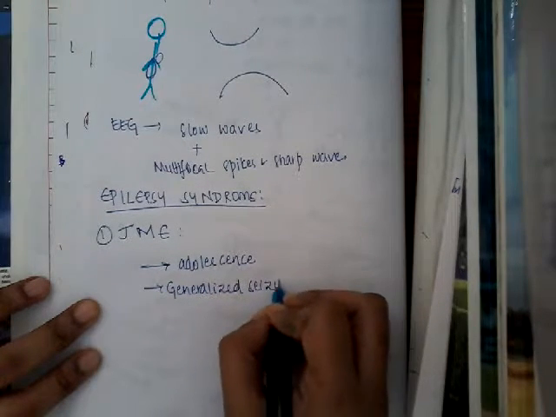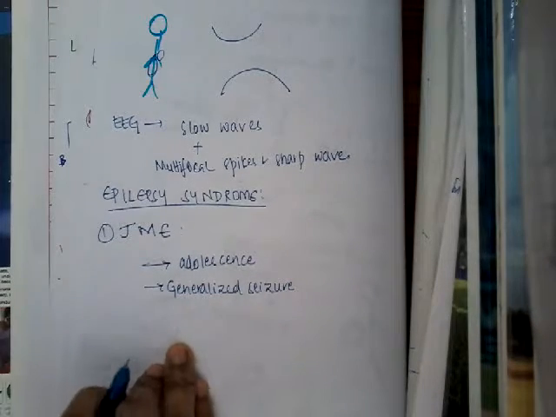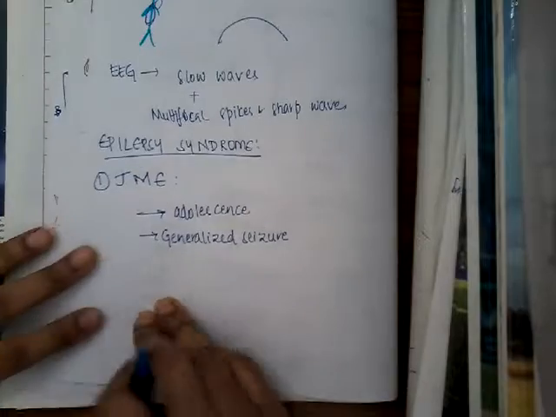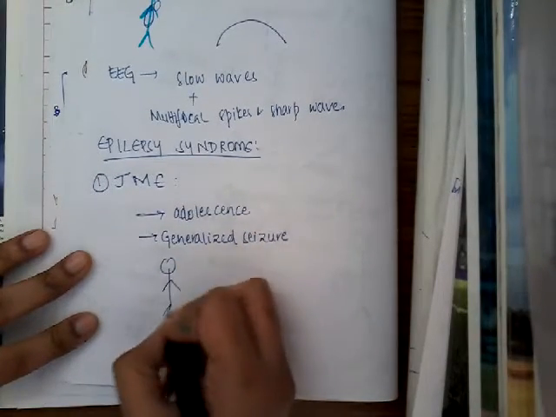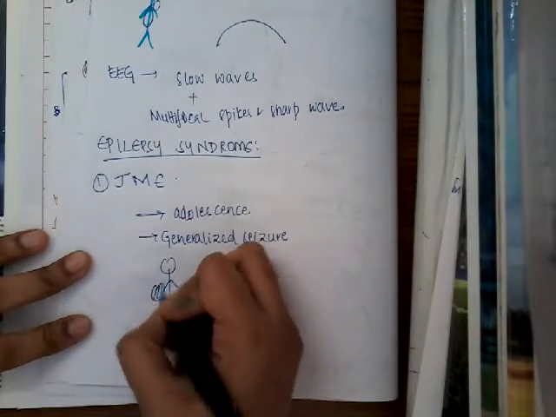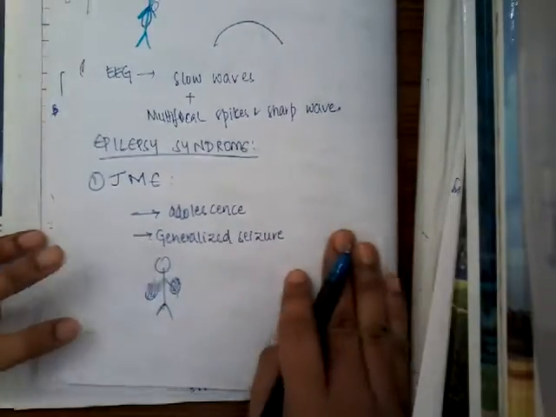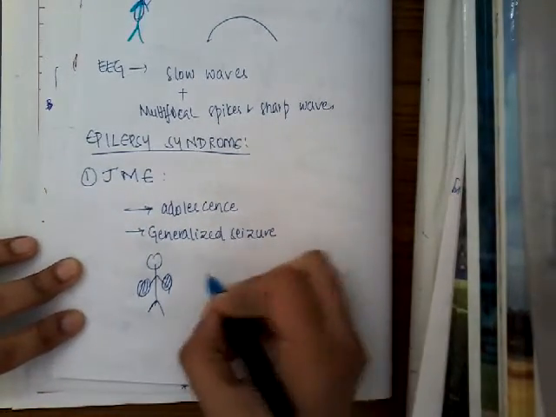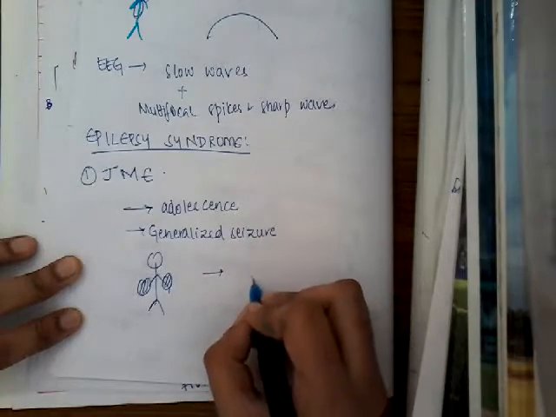Here the person has bilateral myoclonic jerks, on both sides, and these jerks are most common after awakening.